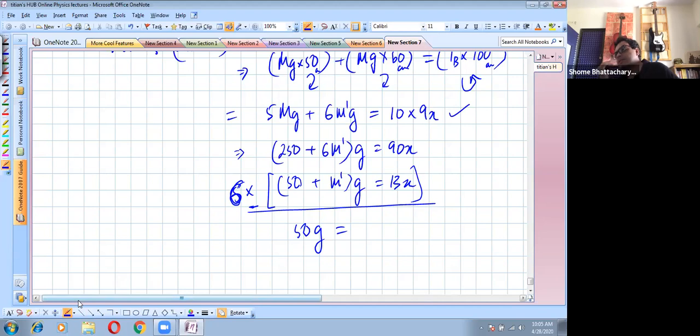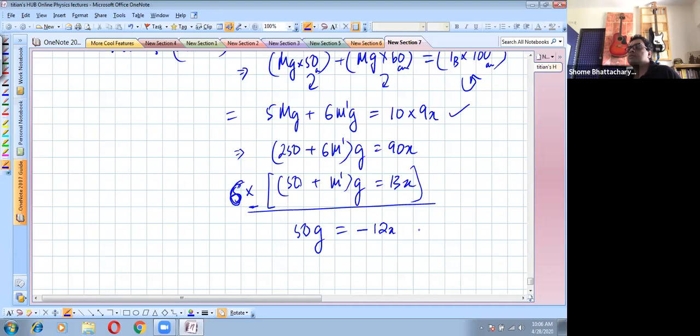So currently we are getting x as a negative quantity. We get x as a negative quantity, 50g is equal to minus 12x.